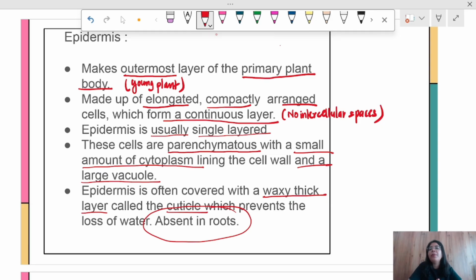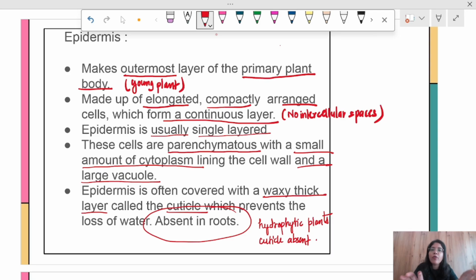Another thing you have to remember, in hydrophytic plants also cuticle is absent, okay, cuticle is absent. Why? Because these plants are already in the water, right? They don't have any kind of water loss problem, right?